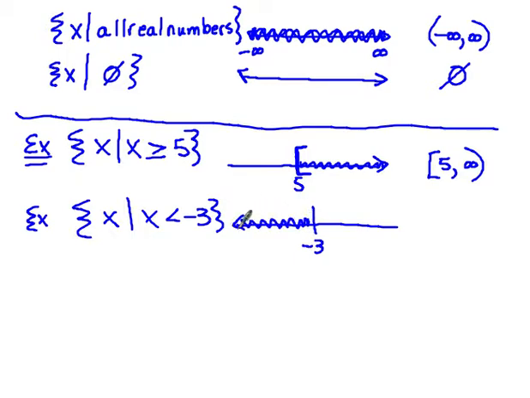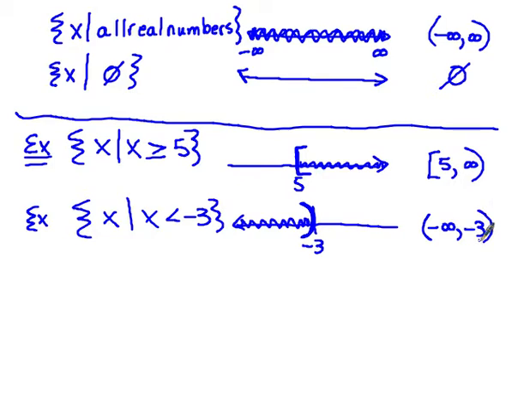All right, so I'm going to shade to the left. And since it's strictly less than, it's a parentheses. So I'm going to look at my interval notation for that. The interval notation would be from negative infinity, which gets a parentheses because infinities always get parentheses, and negative 3 is where it stops, and negative 3 gets a parentheses.